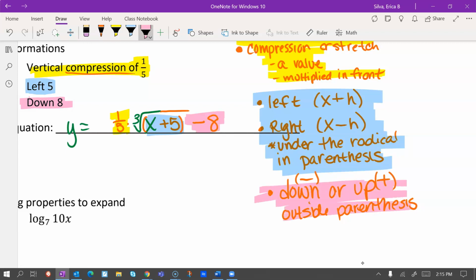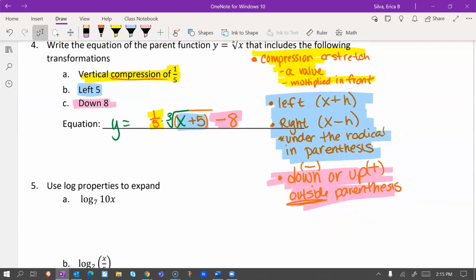And make sure it's outside the parentheses. Any questions on that? Okay, let's go ahead and go on to the next one.